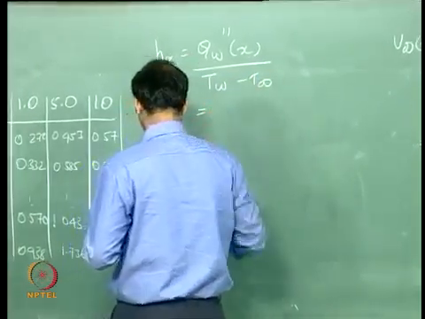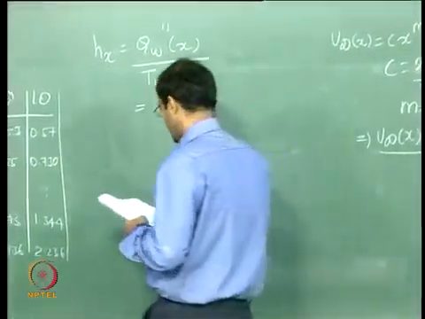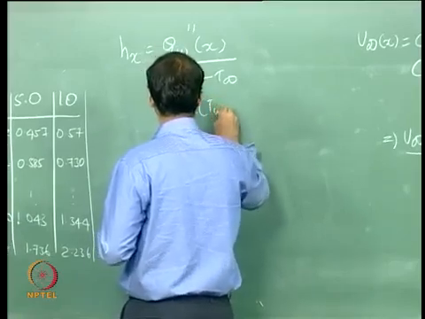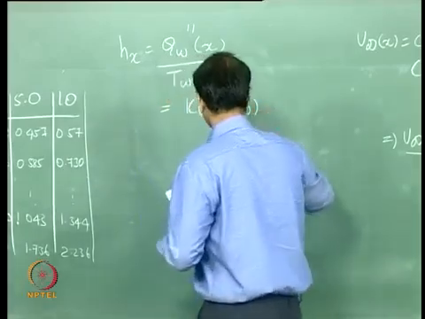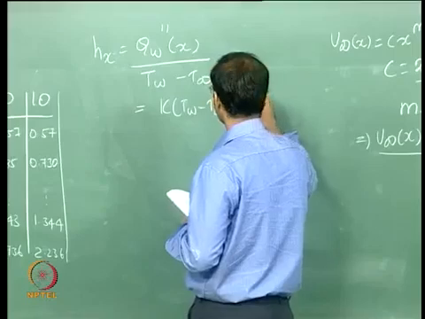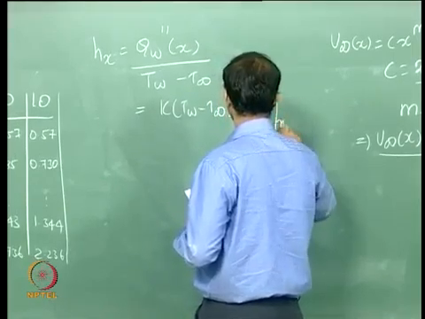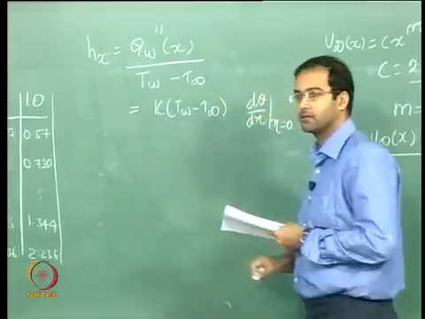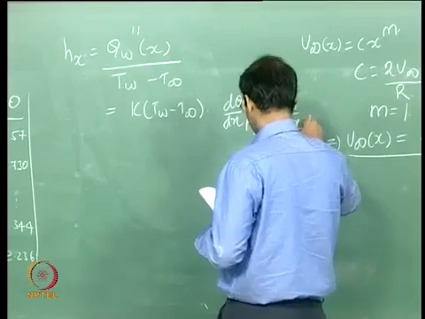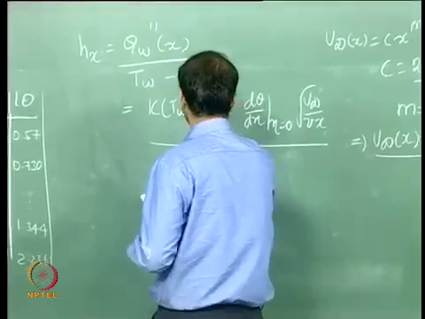Okay, if you substitute for minus k dT by dy at y equal to 0 and write in terms of d theta by d eta, you should get k (T wall minus T infinity) into, so you can write your dT by dy as d theta by d eta at eta equal to 0 into d eta by dy, which is nothing but square root of u infinity by nu x, divided by T wall minus T infinity.